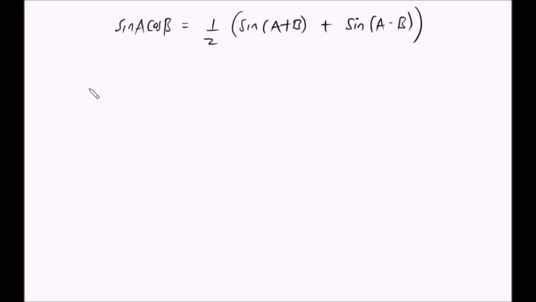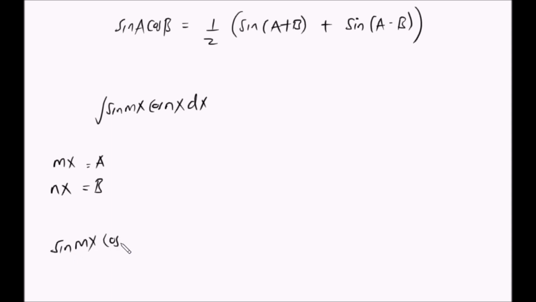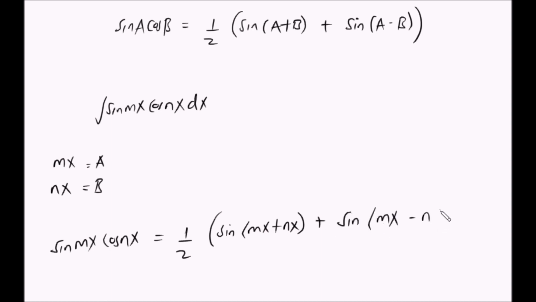So if someone tells me to integrate sin mx cos nx with respect to x, then mx is A and nx is B. So sin mx is A and cos nx is B. Using this, we have 1 over 2, then sine, where A is mx plus B is nx, plus sine, where A is mx minus B is nx.